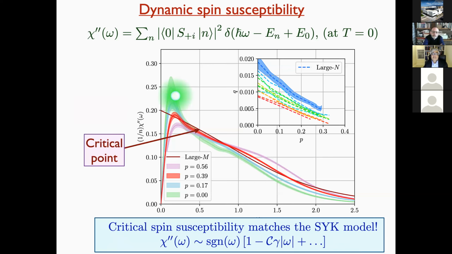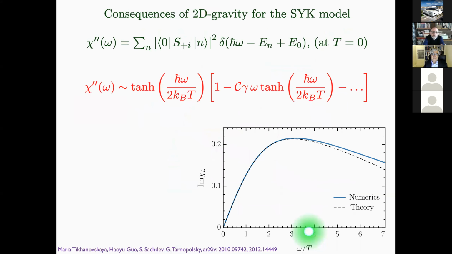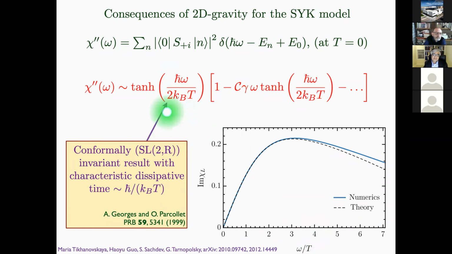And then finally, what you see in between, well, you see the spectrum here. And the spectrum has a frequency dependence, which is actually exactly what you'd expect from the SYK model. So although this is not the SYK model, this is essentially the TJ model, but with random couplings. So among other things, in the SYK model, you can compute this quantity. And among things, you find this Planckian dissipation with time h bar over kT.